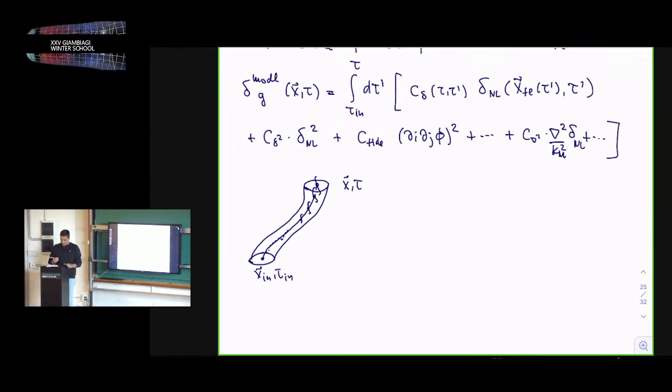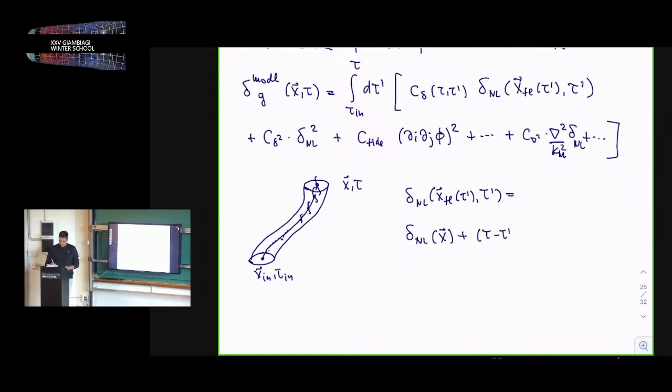And in principle, of course, things are very complicated, but what you can do is to basically do the expansion of, let's say, let me do an example following the fluid element of delta, for example. We can write this as delta nonlinear at position x, which is the final position, plus, and then we can do the Taylor expansion in time.